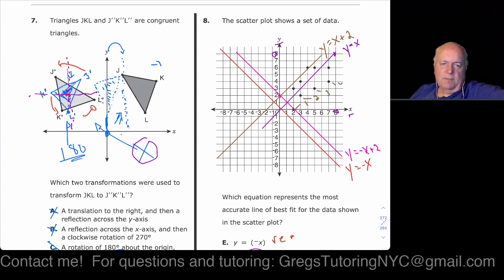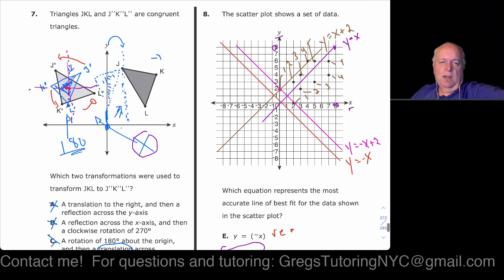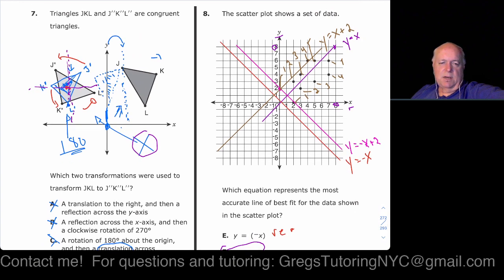And on the flip side of that, this would be 1, 2, 3, 4, 5. So they do both have an equal number of points. It's not an absolute requirement per se, because we're just eyeballing this. But that's pretty much the deal there. All right, so that was number 8.